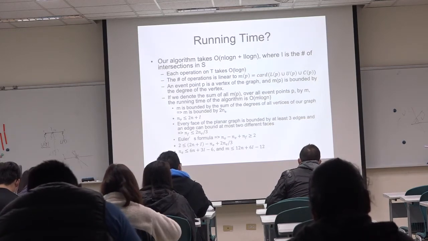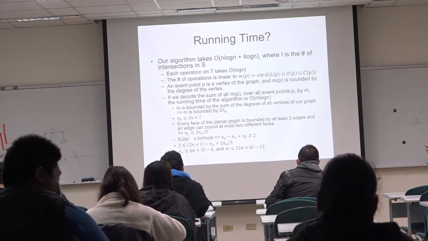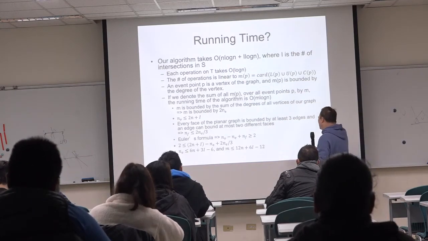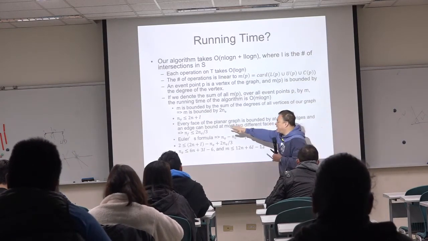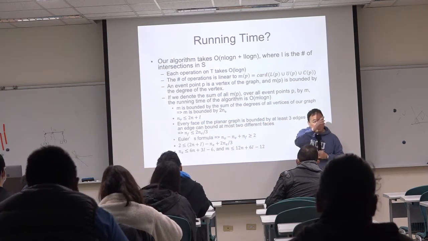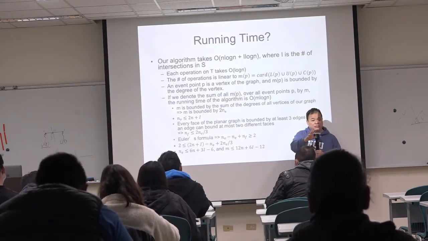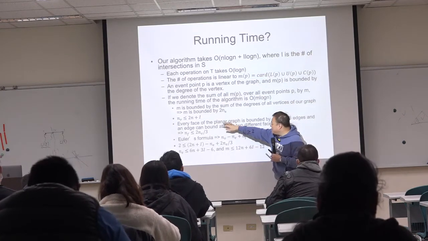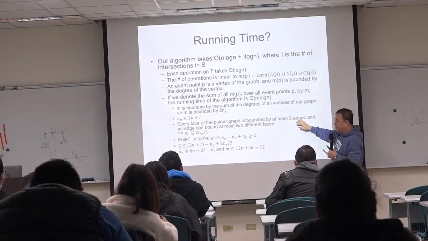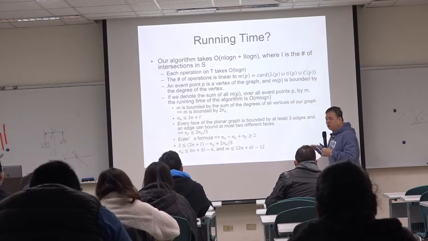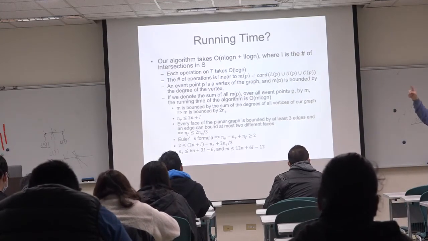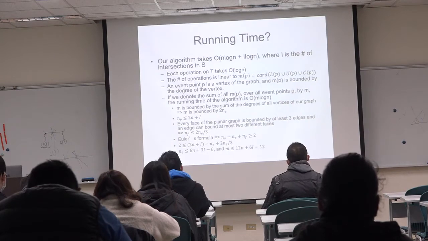We know each face could be bounded or unbounded. Sorry, I'm only referring to the bounded faces. I do not include the unbounded one. A bounded face must be bounded by at least 3 edges, because a face could be surrounded by, for example, 4 or 5 edges.